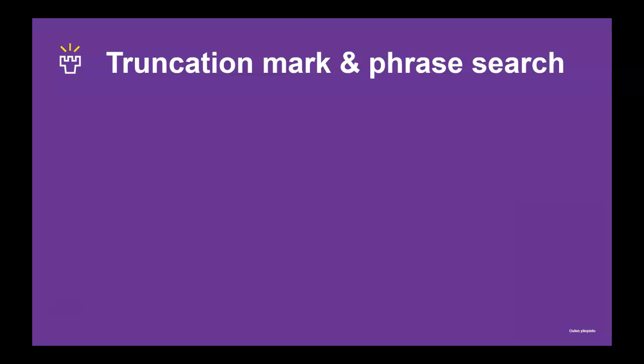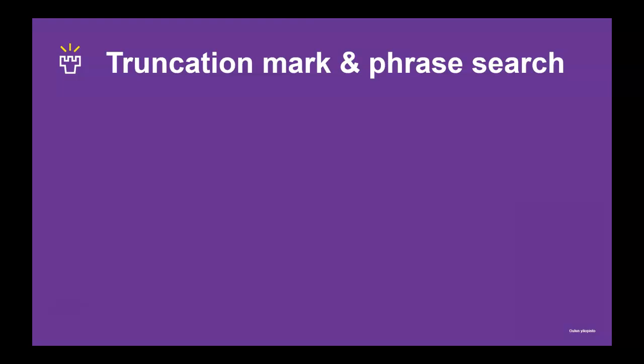Next, we need to choose the search technique suitable for this search. By using truncation mark, we can include all forms of the word into our search. Note that truncation mark should be used cautiously and the word should not be truncated too short.